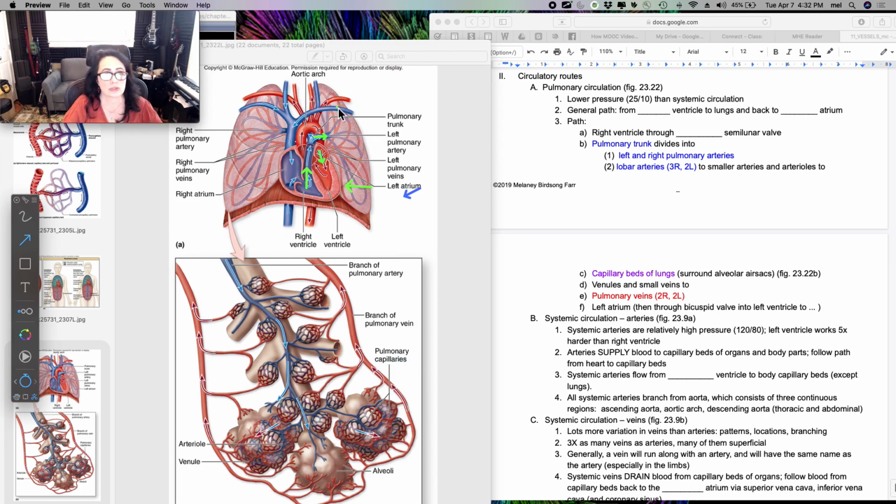So what I want you to see is that we went through these guys right here, right? And we're taking deoxygenated blood to the lungs. And then we are going to bring that deoxygenated blood into the capillary beds of the lungs. The capillary beds of the lungs are weird though, because they separate into these mini capillary beds that each wrap around an alveolus.